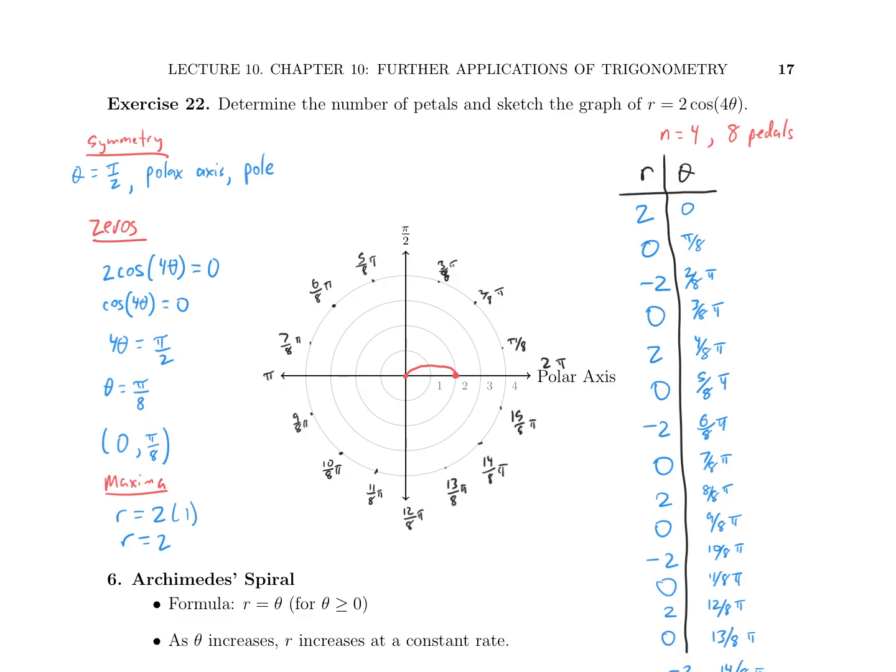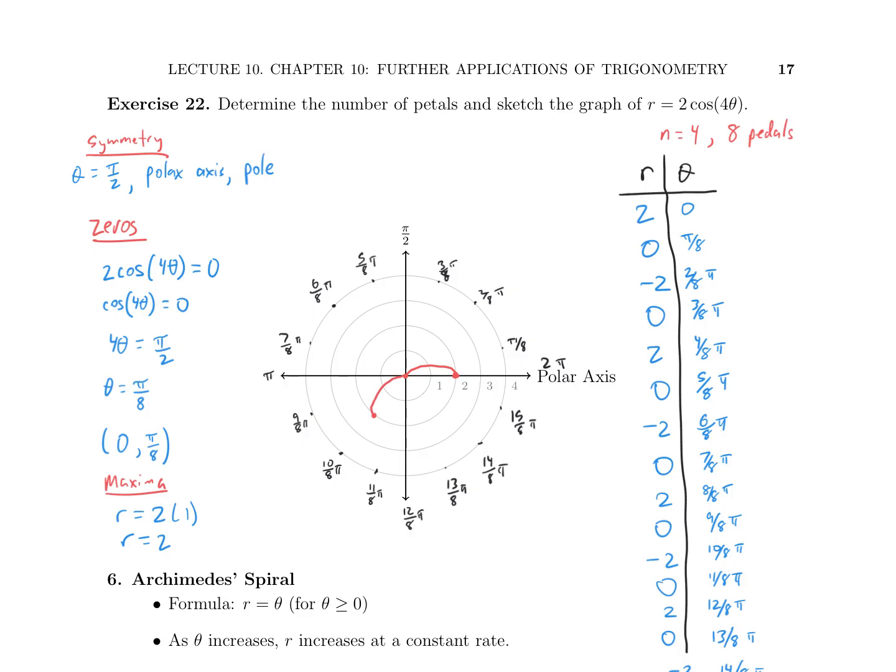All right, and now the next point is 2/8 pi. At this angle, you're going to go -2. So instead of going out +2, you're going to go -2. So here is the next point. It's essentially graphing this petal now.